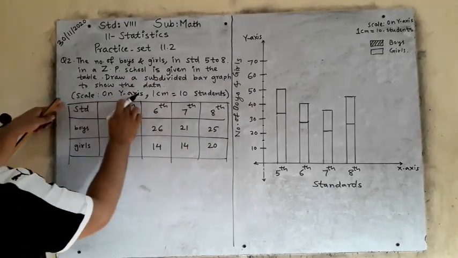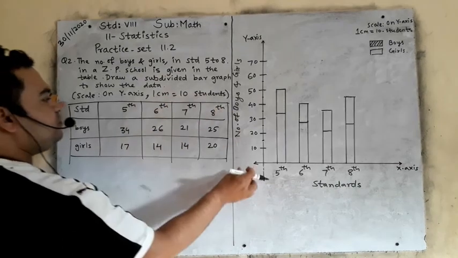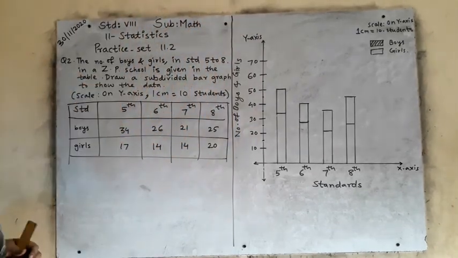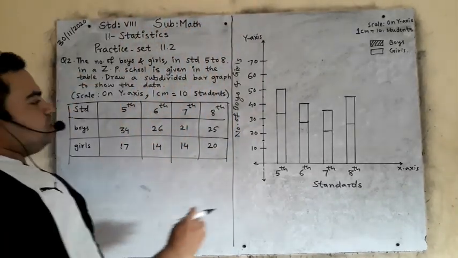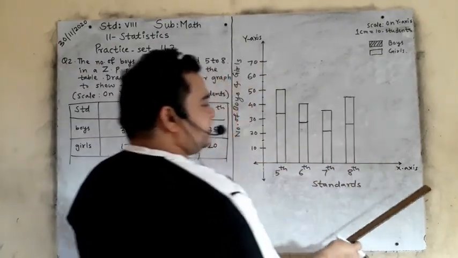Scale on y-axis: 1 centimeter is equal to 10 students. 10 students means you have to read 10, 20, 30, 40, 50, 60, 70, 80, 90, 100 on the y-axis. We know the vertical one is the y-axis and the horizontal one is the x-axis.